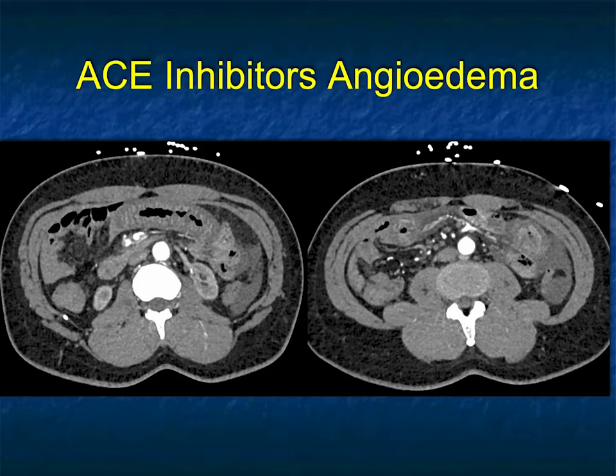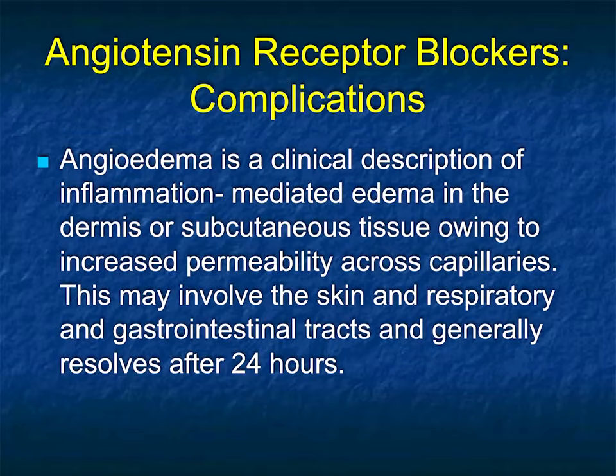And I told you the patient went to their cardiologist. Well, this is a classic example of ACE inhibitor angioedema. That's why the bowel is so edematous. It's not ischemia, it's angioedema. It's a clinical manifestation of inflammation-mediated edema in the dermis or subcutaneous tissues owing to increased permeability across capillaries.